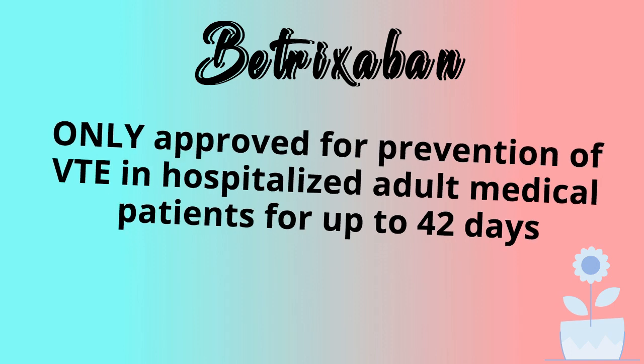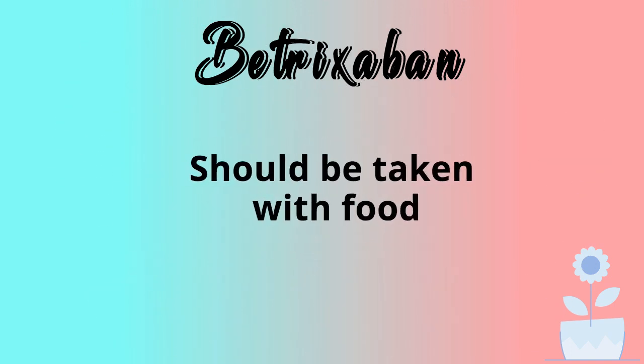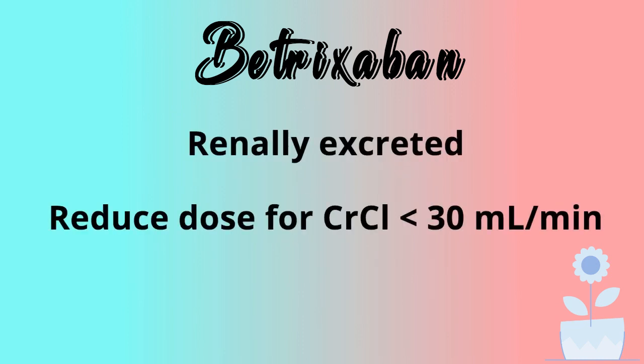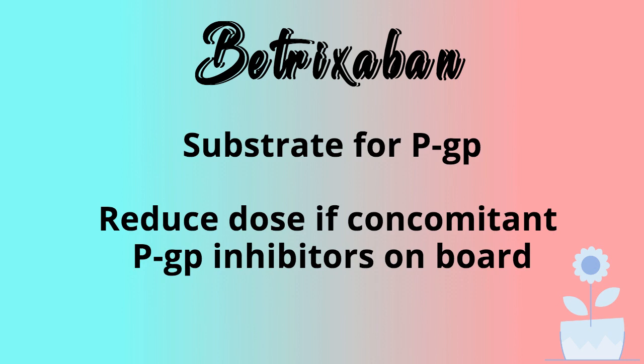And important things to know about this drug is that it should be taken with food. And it is also renally excreted. So the dose is reduced for patients who have creatinine clearance less than 30 milliliters per minute. And it is also a substrate for P-glycoprotein, PGP. So the dose should be reduced if you have concomitant PGP inhibitors on board.